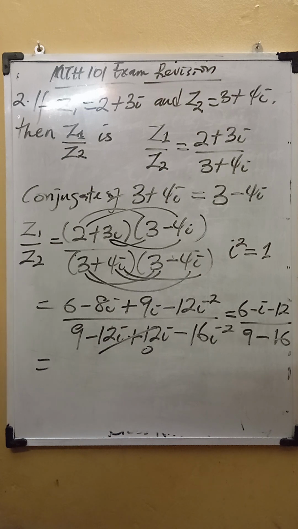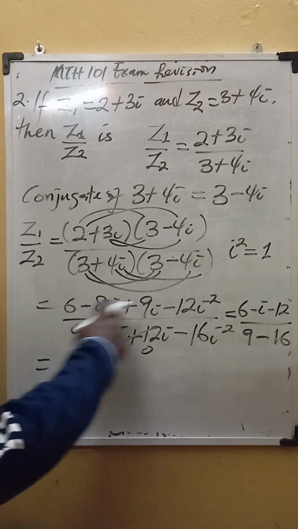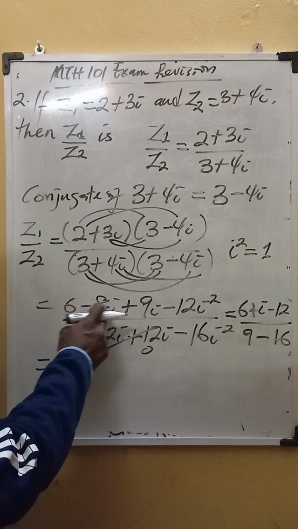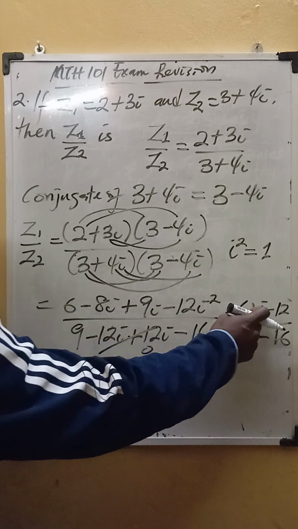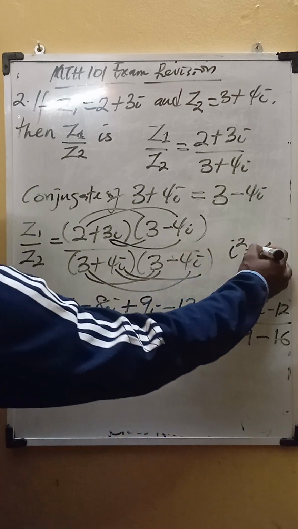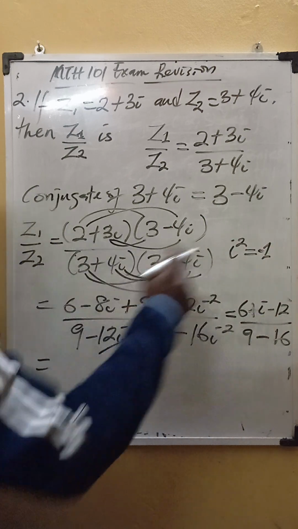So let us put them together now. Is there something we are missing out there? Okay, this is actually supposed to be positive, because we have minus 8i plus 9i, so this is supposed to be plus. And for this other aspect, by rule it is minus 1.